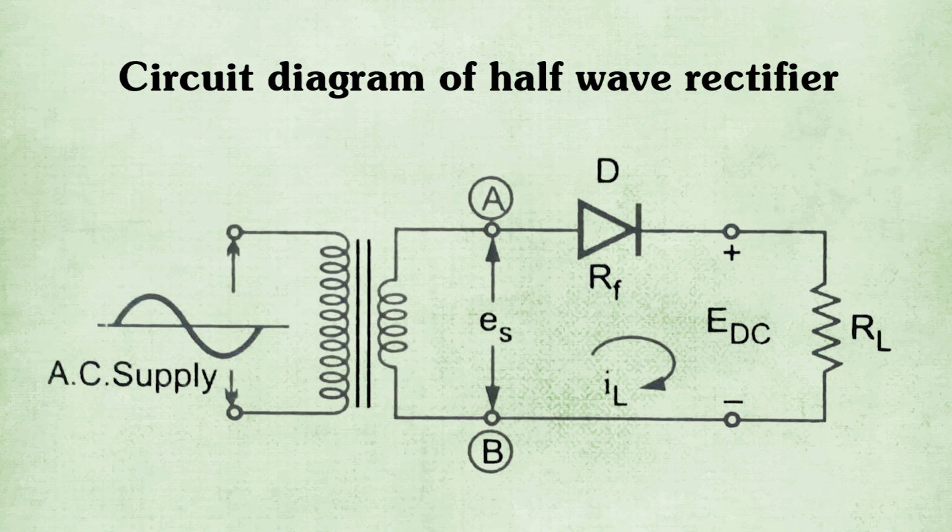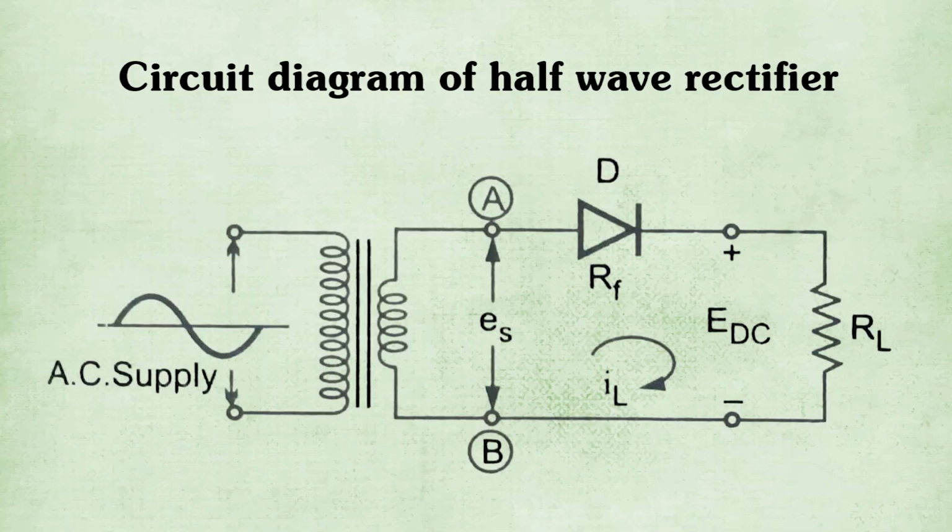The transformer is used because we can give variable supply to the input side, and if we want to give only a constant supply, then the transformer can be omitted. But in most cases the supply is given through a transformer, so that we can have a variable input supply and change the output according to our requirement.